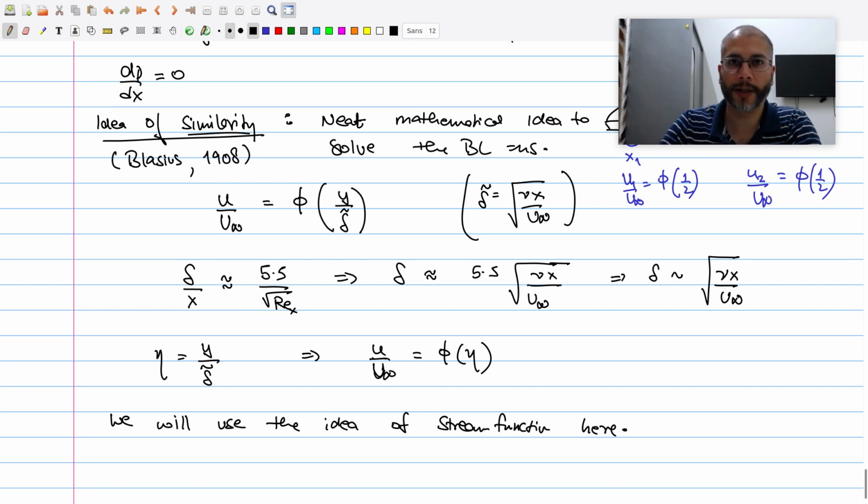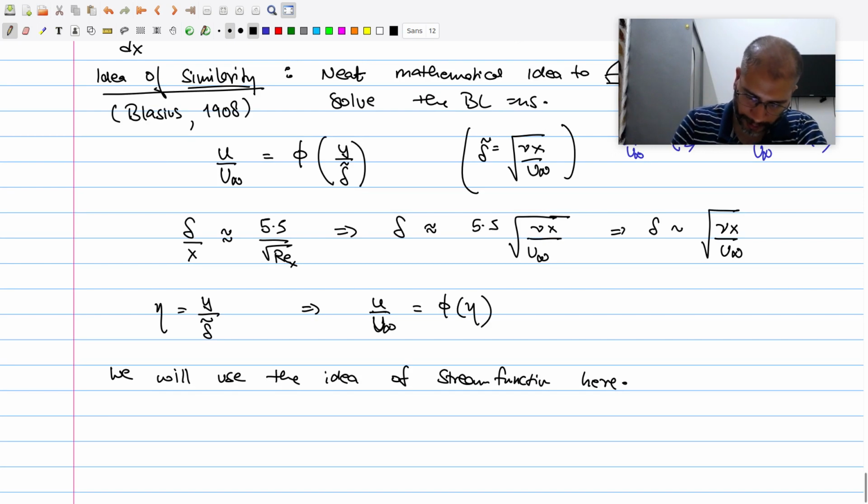The whole idea of using a stream function is that you don't have to then solve for the continuity, because the continuity equation is satisfied by the definition of stream function.